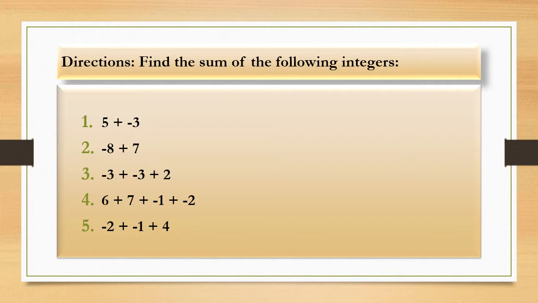Negative 8 plus 7. Number 3. Negative 3 plus negative 3 plus 2. Number 4. 6 plus 7 plus negative 1 plus negative 2. And last, number 5. Negative 2 plus negative 1 plus 4.